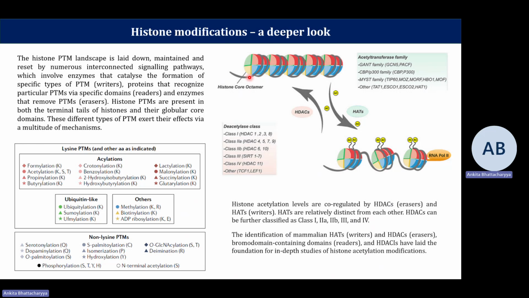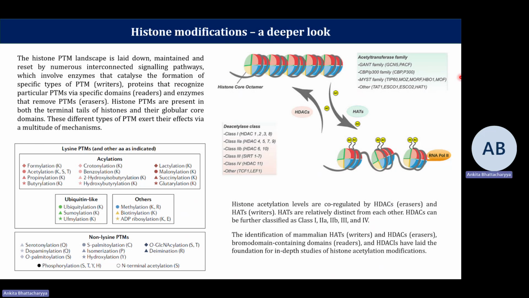They can be acetylated by HATs, also called histone acetyltransferases, and they include different types of enzymes like those from the GNAT family, CBP/p300 family, MYST family, and other acetyltransferases as well.